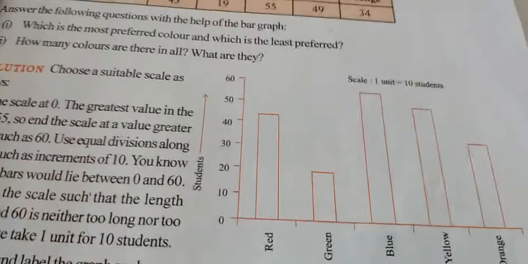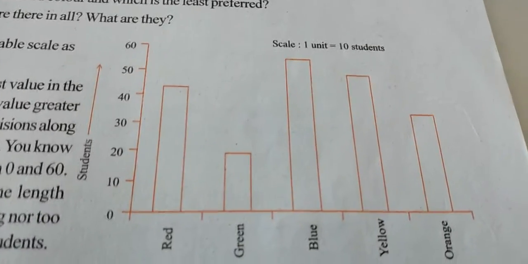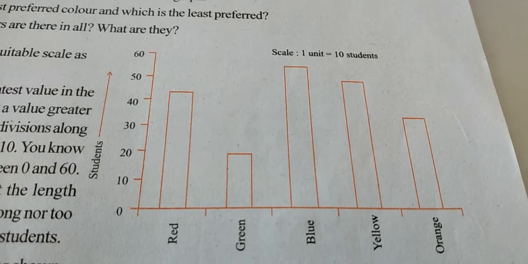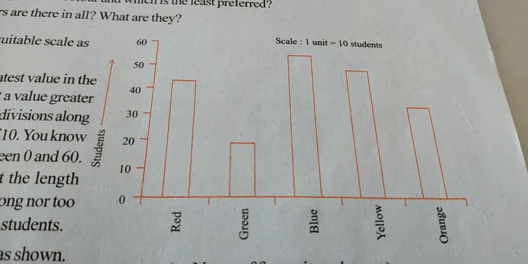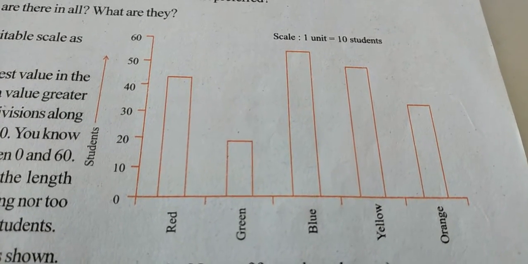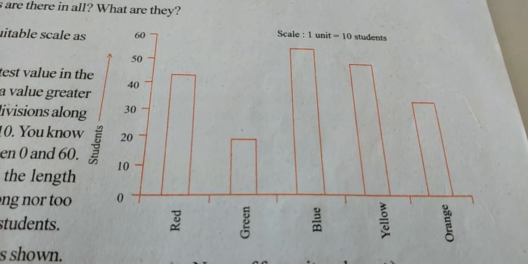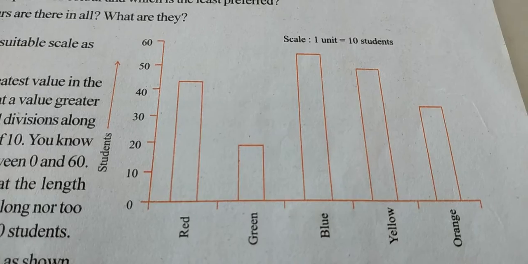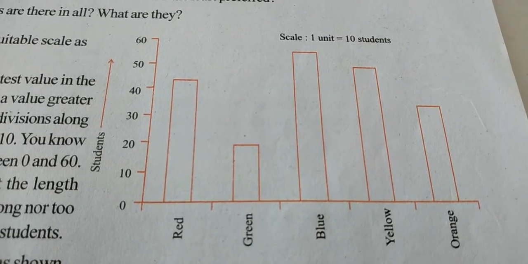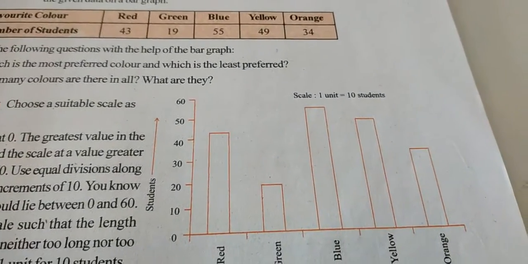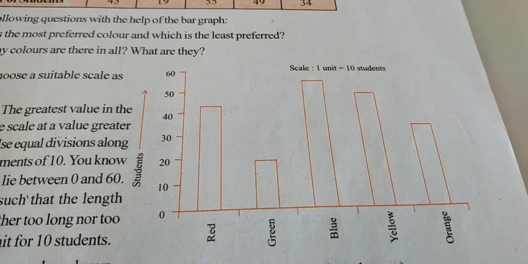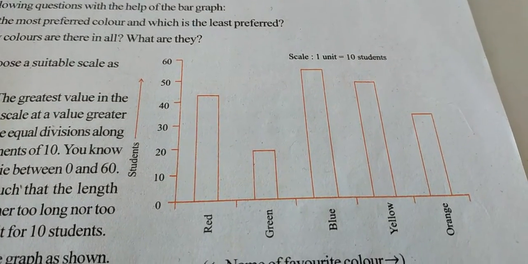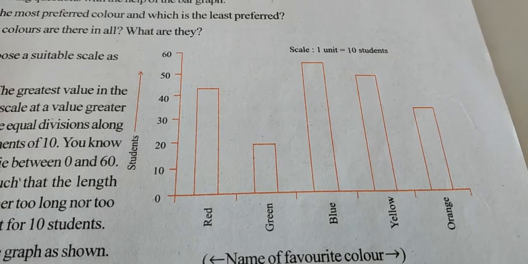And from the graph you can easily make out which color has maximum favorite students. Blue is favorite among maximum students, right? And from the graph itself you can easily tell it's 55 students for blue color.